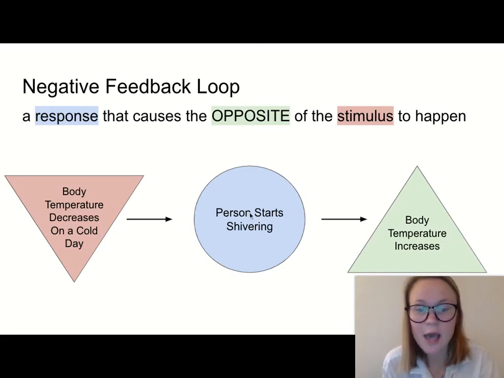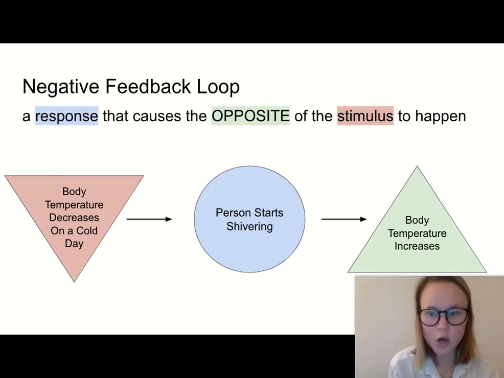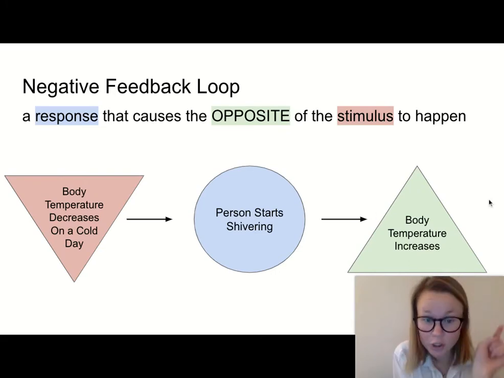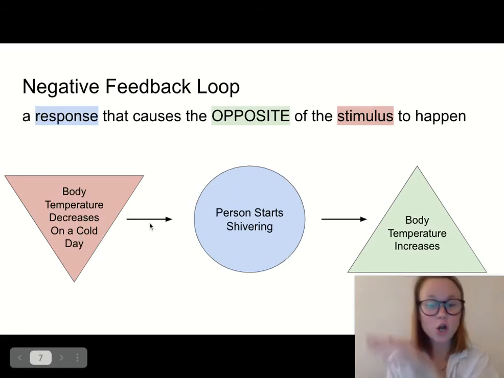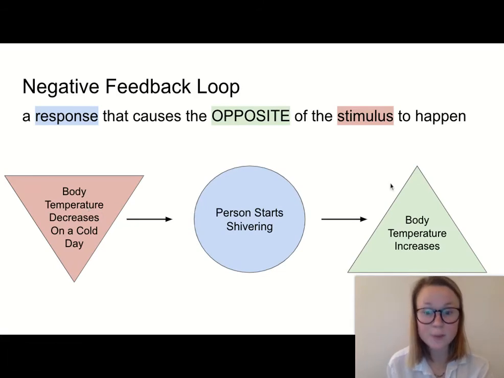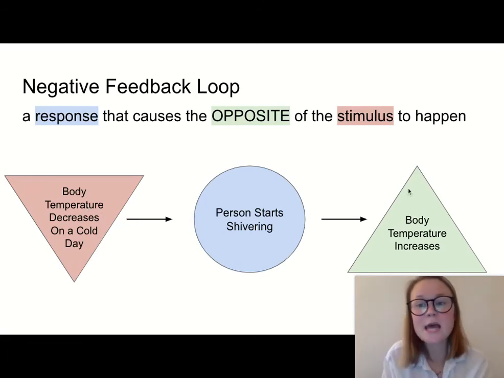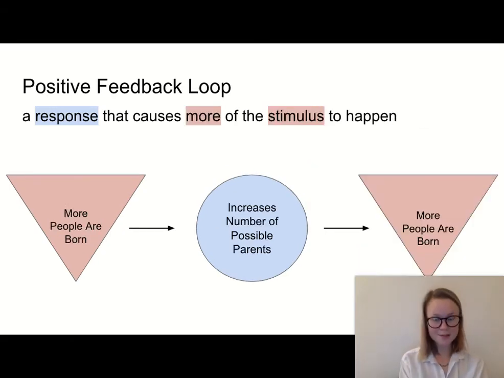This shivering action causes your body temperature to then increase back up a little bit. So this body temperature increase is the opposite of the stimulus that started this whole feedback loop, which was your body temperature decreasing. So when the response causes the opposite of the stimulus to happen, that is called a negative feedback loop.